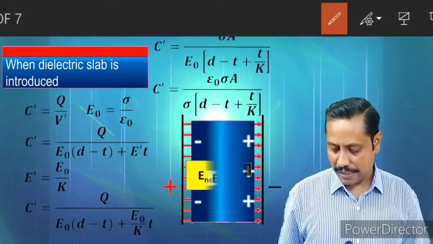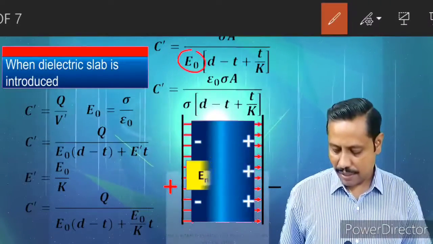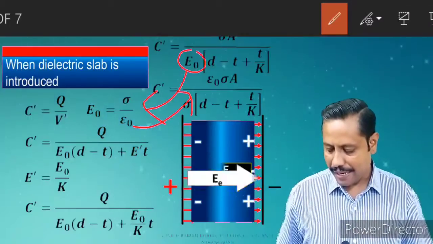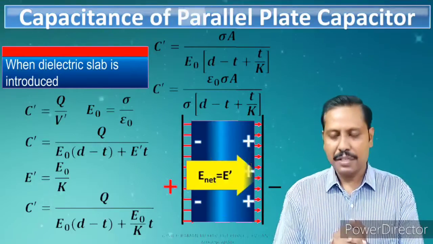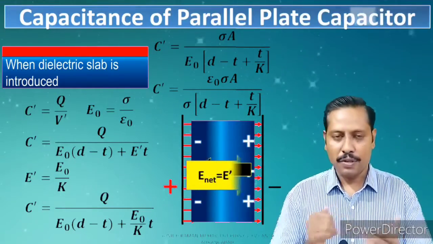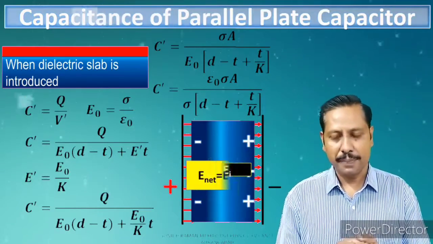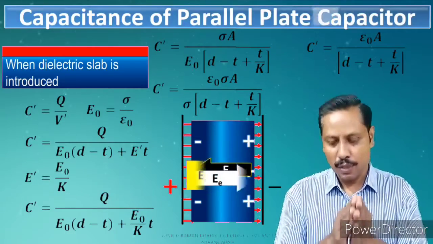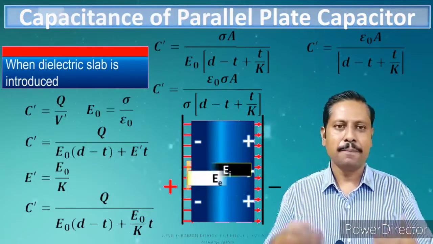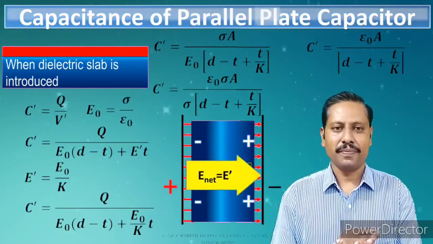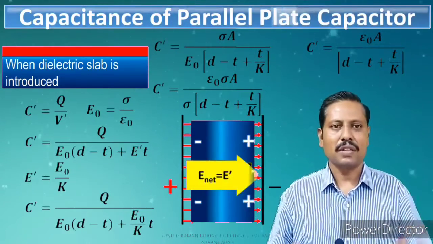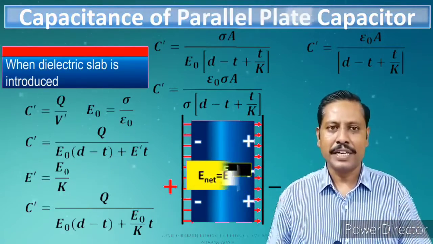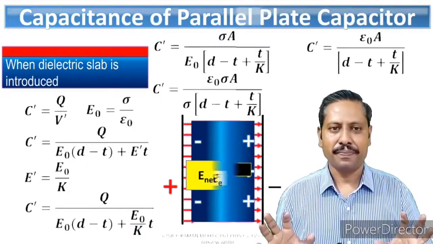If I replace the value of E0, which is nothing but sigma upon epsilon 0, on putting this value here we get C dash equal to epsilon 0 sigma into A upon sigma into d minus t plus t upon K. And if I simplify, I can write C dash equal to epsilon 0 A upon d minus t plus t upon K. This is the capacitance when you are introducing a dielectric slab between the two plates of the parallel plate capacitor.